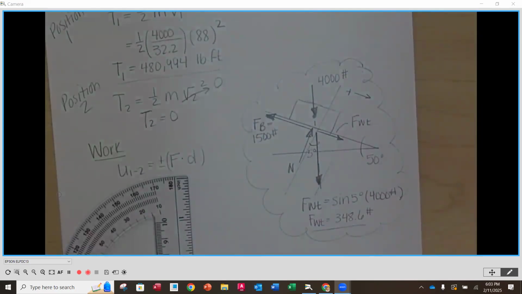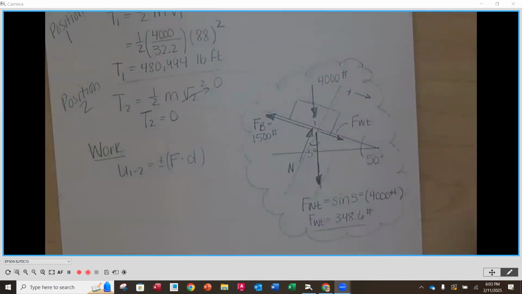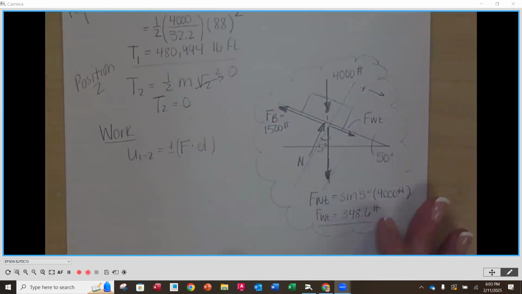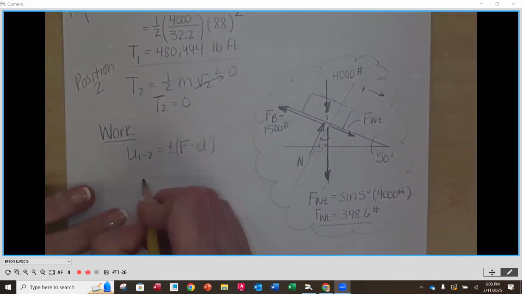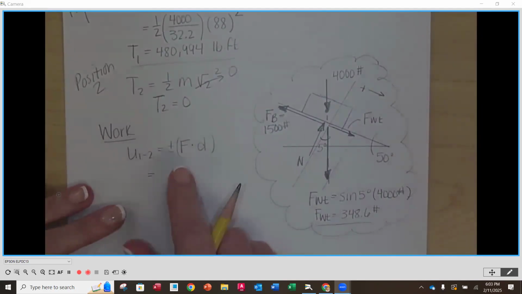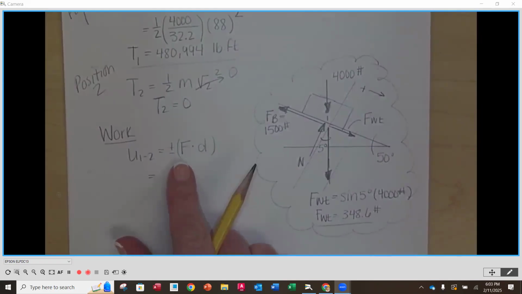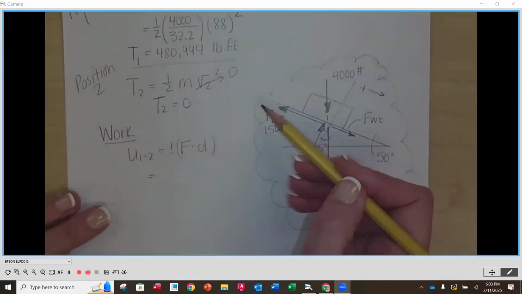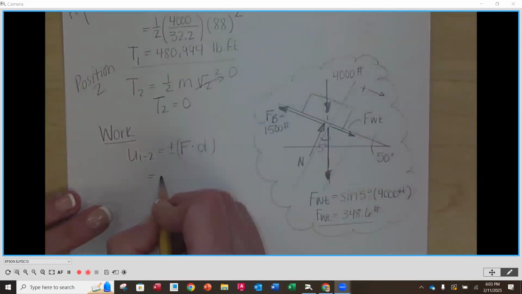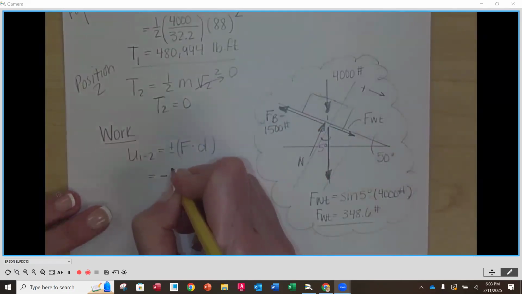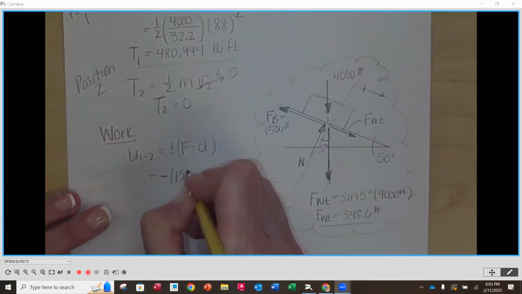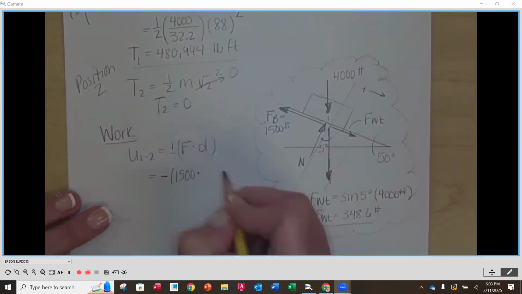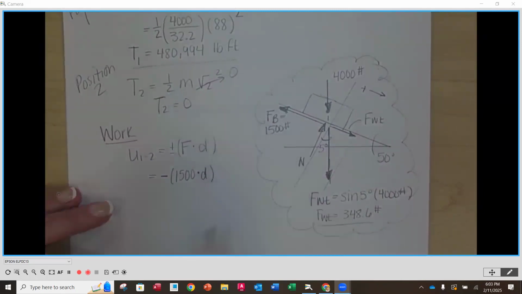All right. So now what we want to do is expand on our work equation over here. So we can say that our work is going to be the force times the distance of the braking force. Now, since the braking force is opposing motion, it is going to be a negative 1,500 pounds times the braking distance.